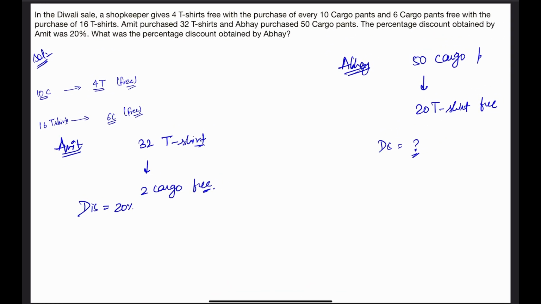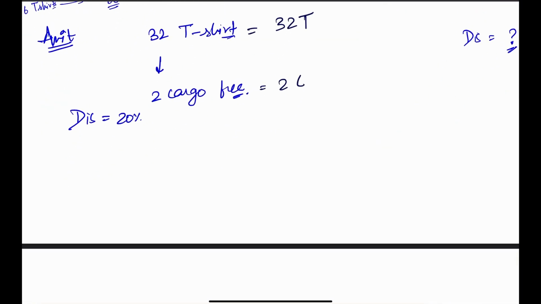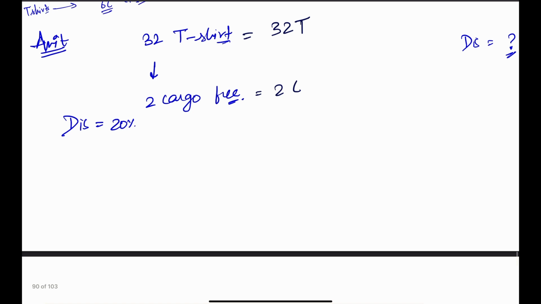Okay, let's take my 32 t-shirts will cost 32t and my 2 cargo will cost 2c. So 1 cargo costs 1c and 1 t-shirt will cost 1t. So the discount of 2 cargo free divided by market price, right? 32t plus 2c is 1/5, right?